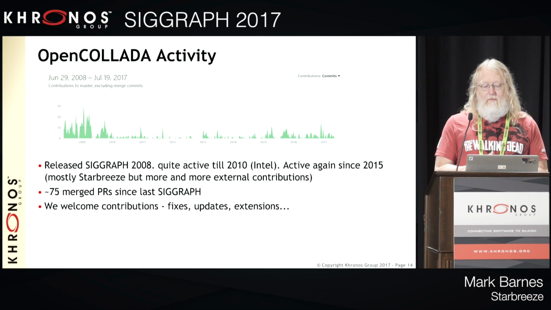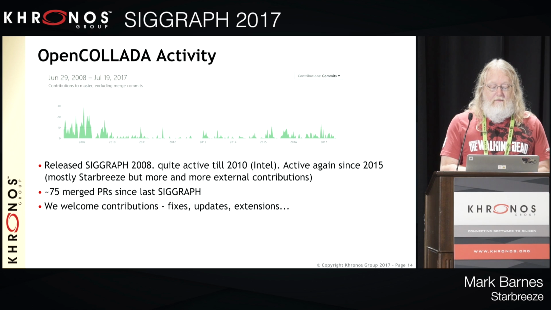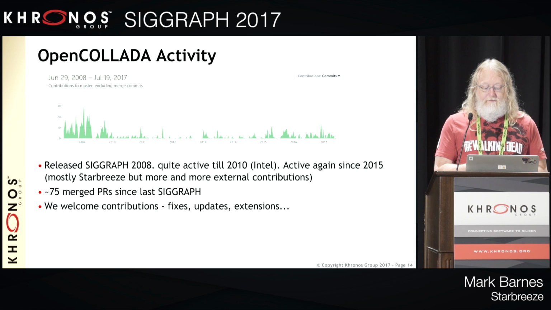This is a GitHub activity diagram for the Khronos Group's OpenCOLLADA repo. We populated it back in 2009, so it's been a few years now. It was, of course, very active back then, and it's gone through some relatively quiet periods through the years as it's been maintained and updated. In the last couple of years, we've seen an uptick in the average activity, and people are finding COLLADA more useful in the modern era, and so we're seeing a lot of activity increase there.